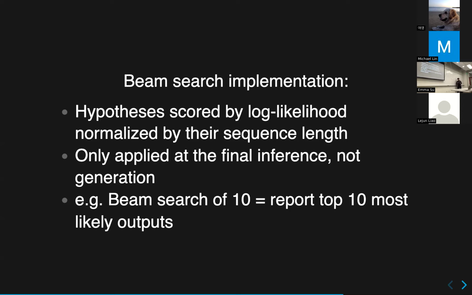If the probability p is equal to e to the logit L, then the log likelihood is just the L. For a sequence, the likelihood is e to the sigma L, and then the log likelihood is just sigma L.